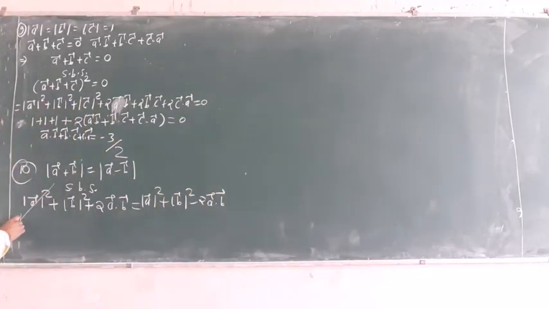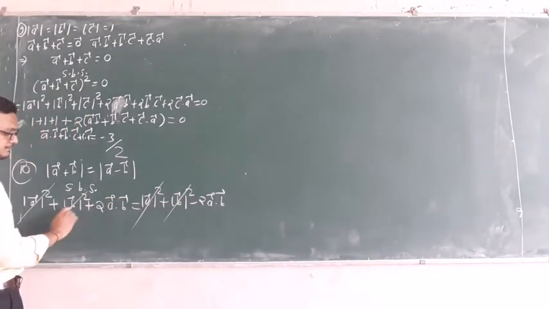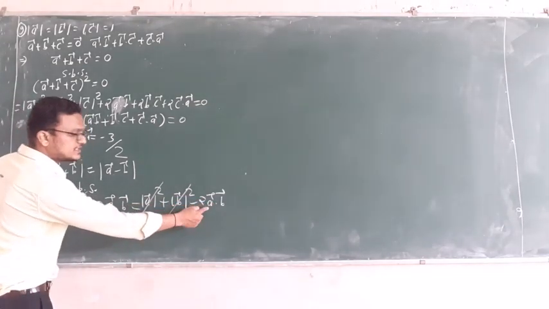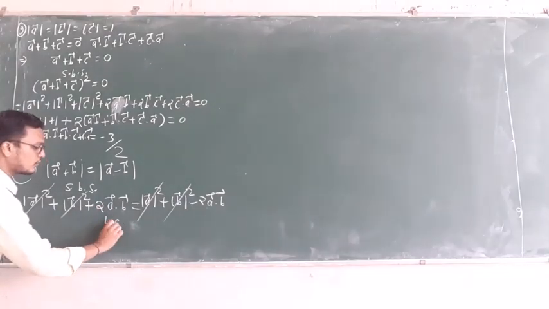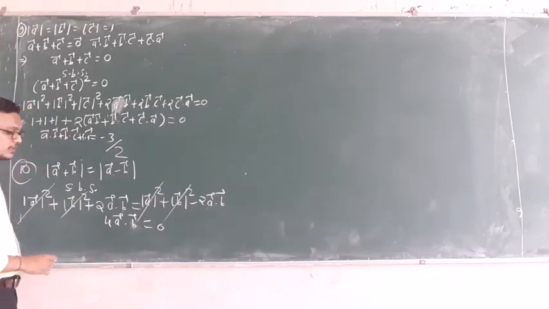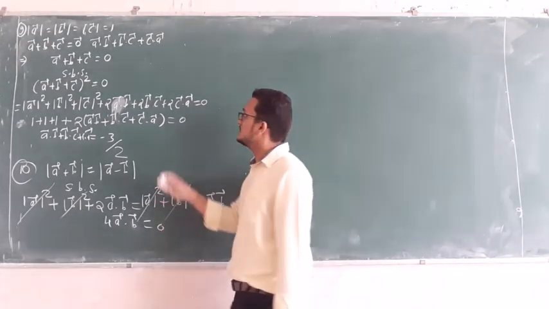Here magnitude of A square gets cancelled, and magnitude of B square gets cancelled. What is left is 2 into A dot B here, and minus 2 into A dot B on the other side. If I transfer this minus term to this side, 2 plus 2 is 4 times A dot B equal to 0. If I transfer that 4 to the other side, it will divide, and 0 divided by anything is 0.